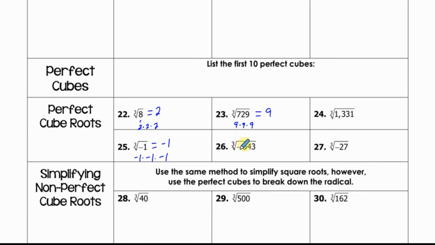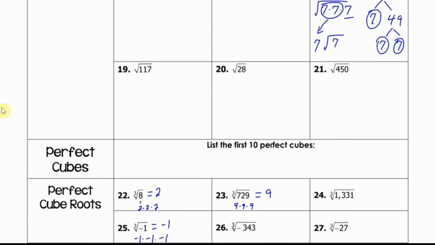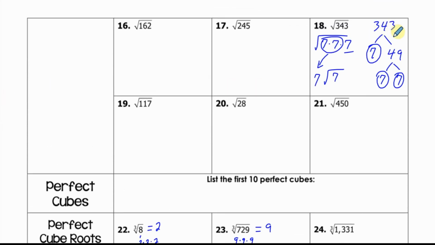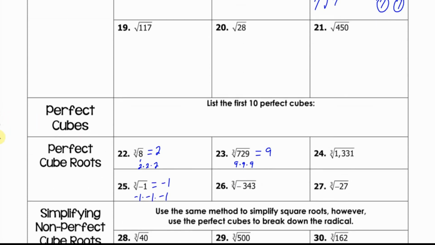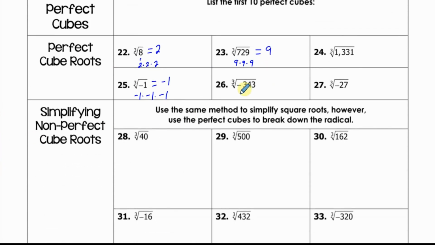The next one, we saw that number a moment ago, except now it's negative 343. And remember, when we did 343, we got 7, 7, 7. But now it's negative 343. So it's now going to be -7 times -7 times -7.